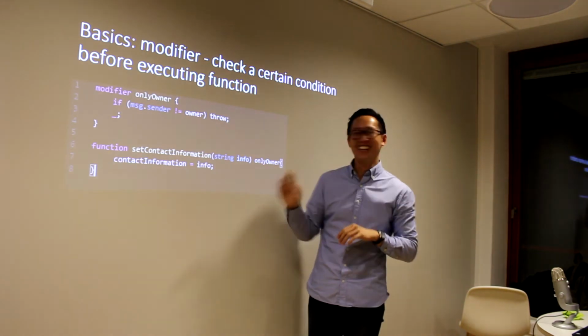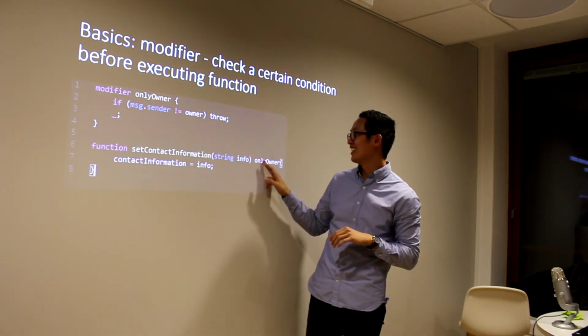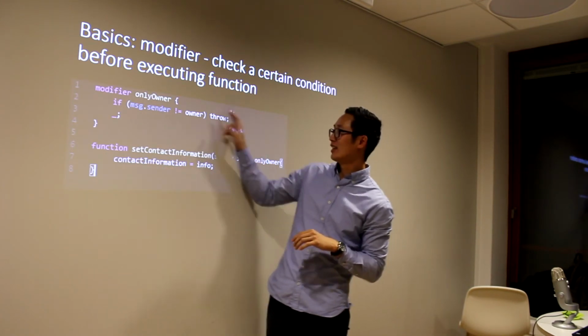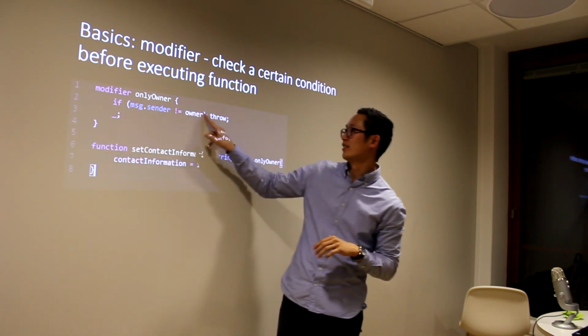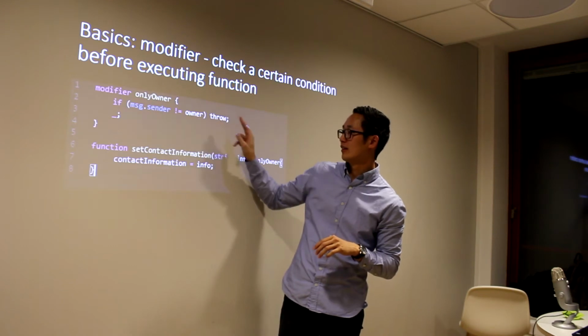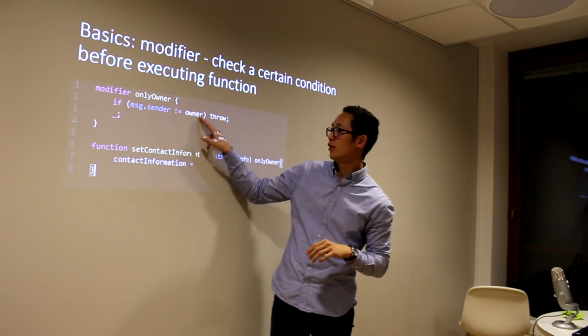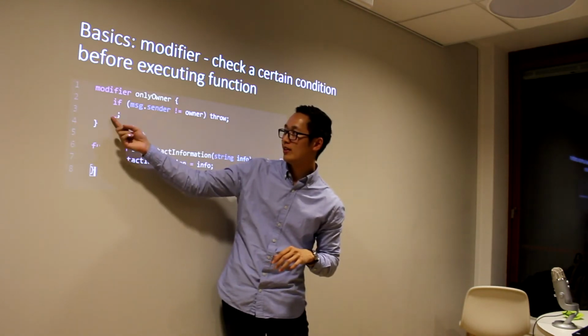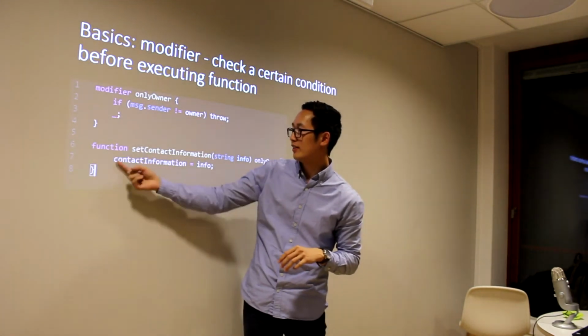Okay, so yes, before this code executes, it will check this if condition. If the sender is not the owner, then it will throw. And this underscore is this code here.